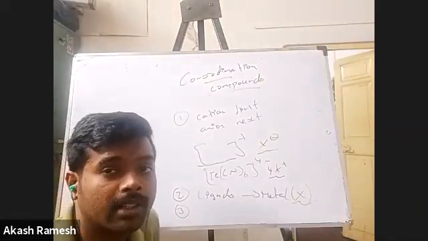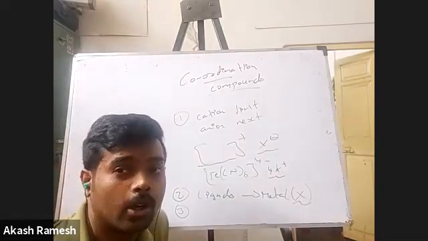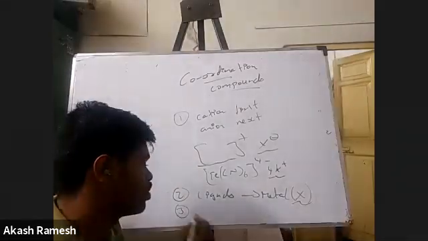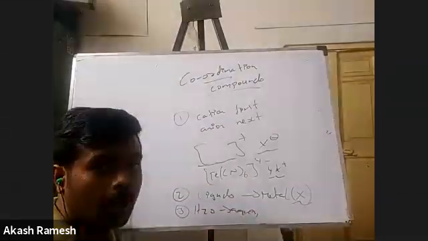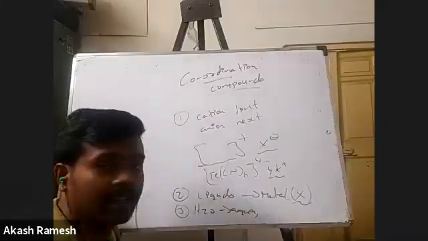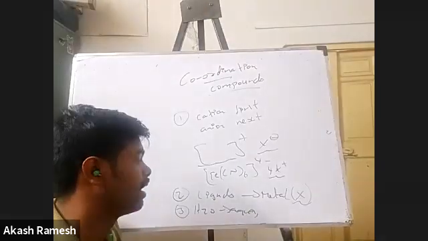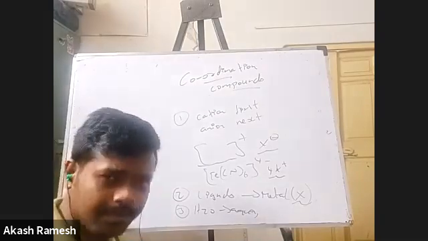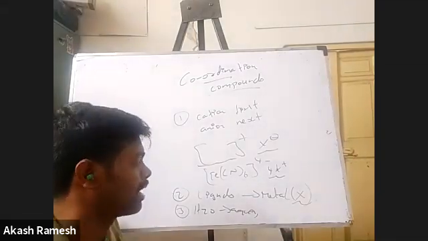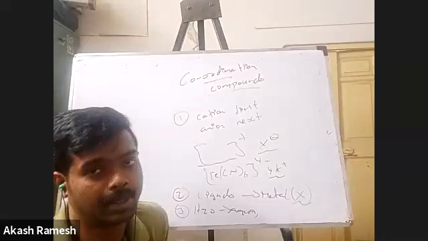Say if it is Cl, it is going to be chlorido. For H2O, it is going to be aqua. If I have EDTA, I write it as EDTA only, or you can write it fully as ethylenediaminetetraacetate. So like that, you have to remember the ligands' names.